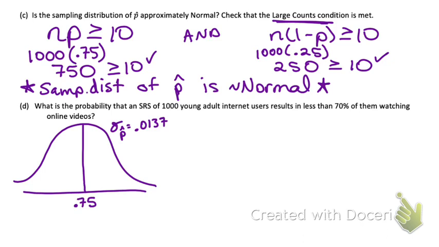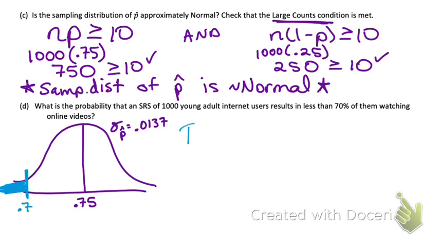Any ideas what we could do to find the probability that in this normal distribution we get a sample that is 70% or less? Normal CDF. If I want to know the probability of getting a p hat, if I go out and take another sample, and I want to find the probability that it is less than 70% in the sample using the online videos, I can just do normal CDF because I have ensured this is an approximately normal distribution.